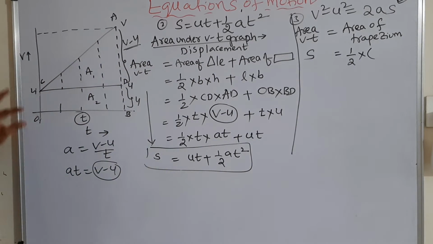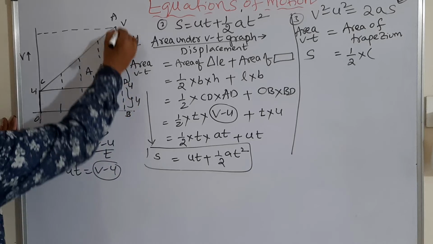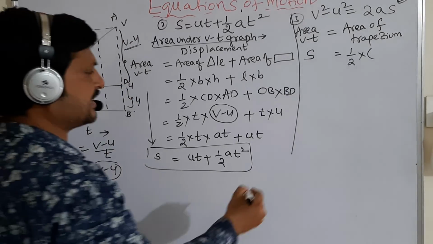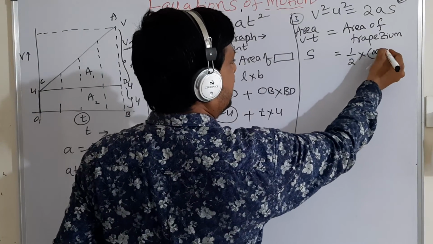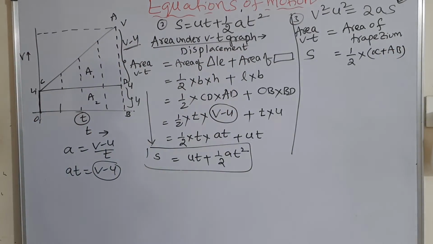One parallel side is OC and another parallel side is AB. So this is OC plus AB.